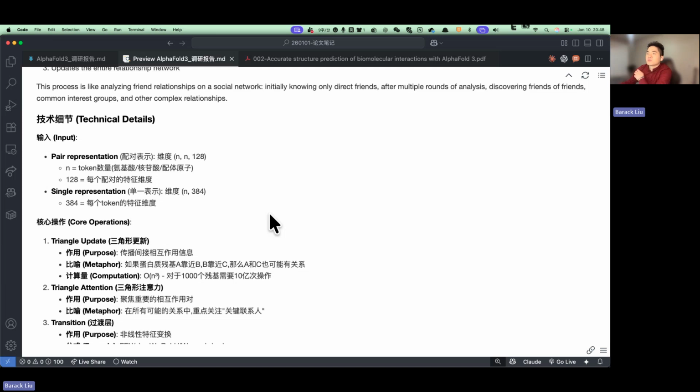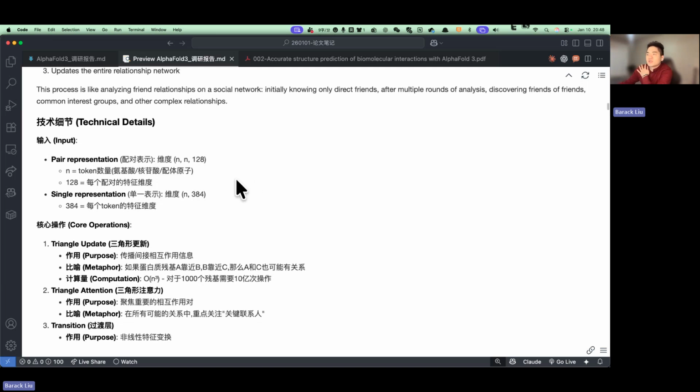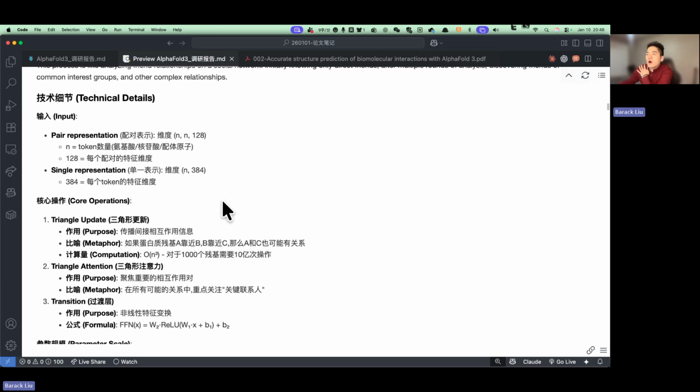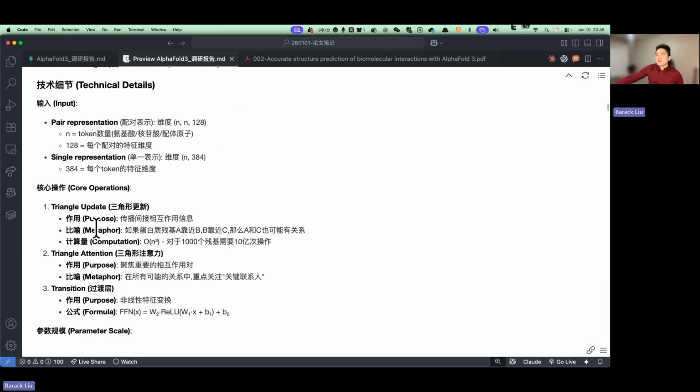Input. Pair representation. Single representation. Core operations: triangle updates. You see, here it doesn't give English translation. It just gives Chinese.